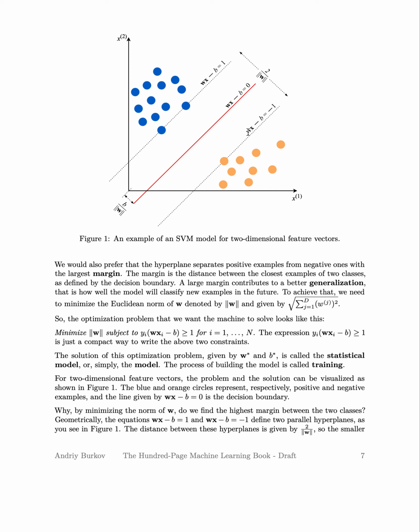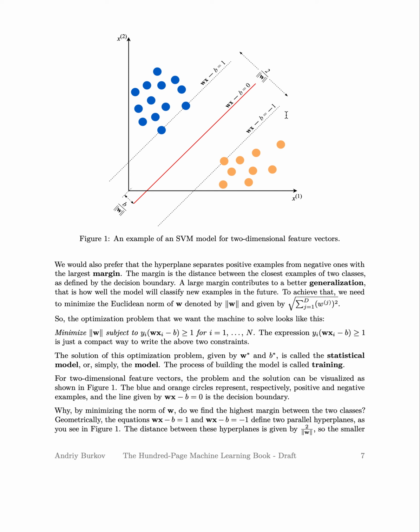Then there is x2 equals wx minus b equals -1, so all the dots on this line or after this line are not spam. So anything on or before the wx minus b equals 1 line is spam, and anything on or after the wx minus b equals -1 line is not spam.